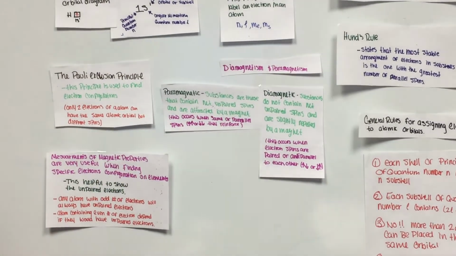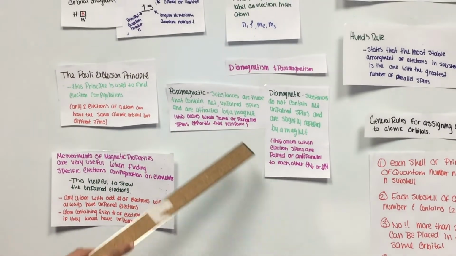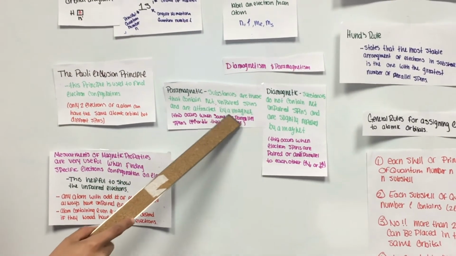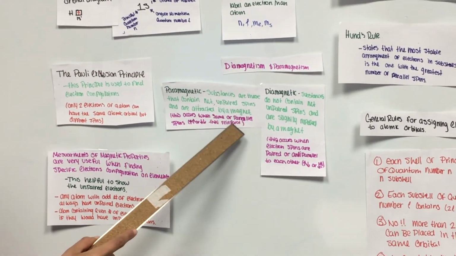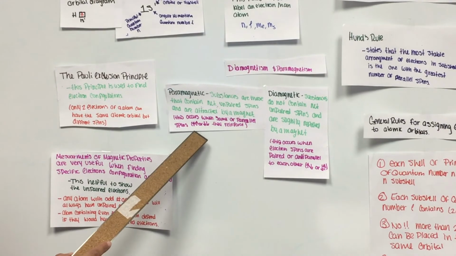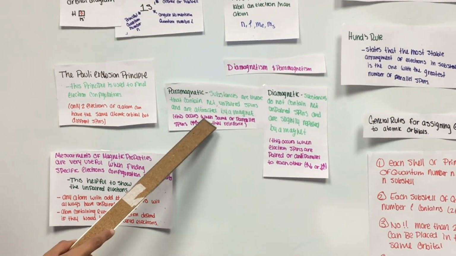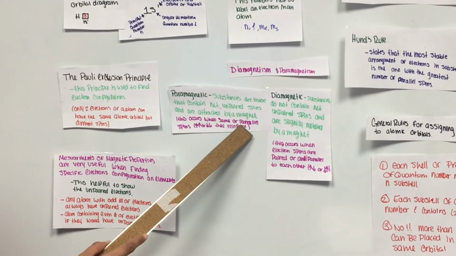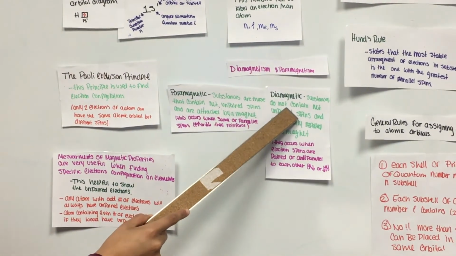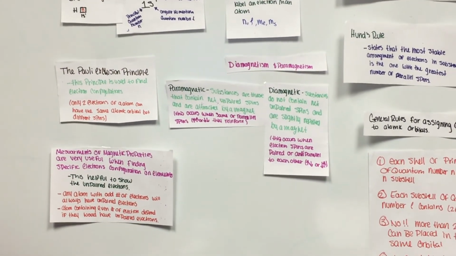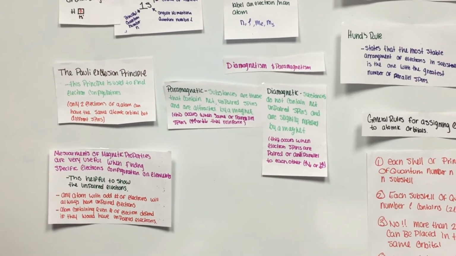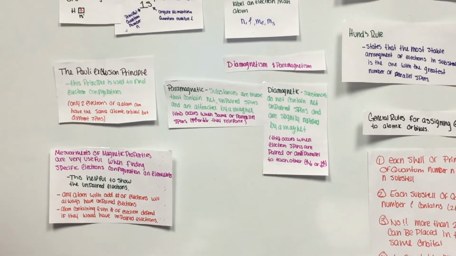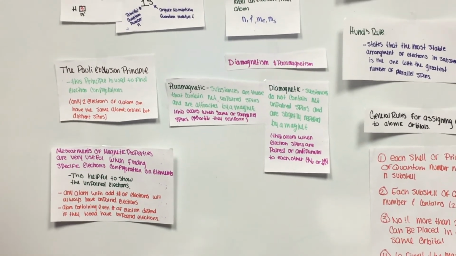Paramagnetic substances are those that contain unpaired spins and are attracted by a magnet. This occurs when the spins are parallel, which means they're both going up or they're both going down, so they reinforce. And diamagnetic substances do not contain unpaired spins and are slightly repelled by a magnet.